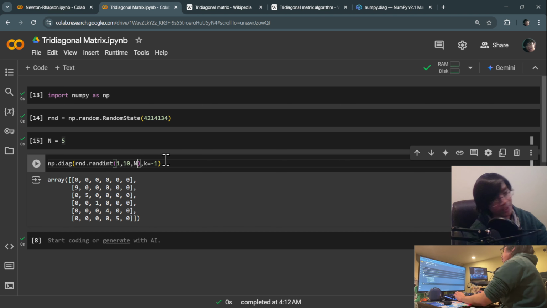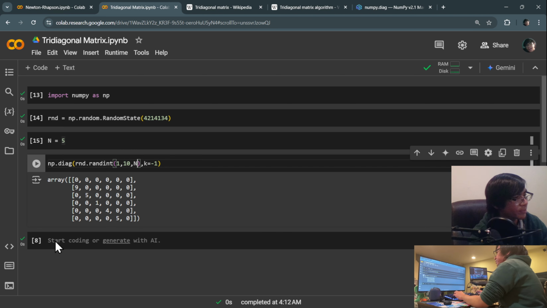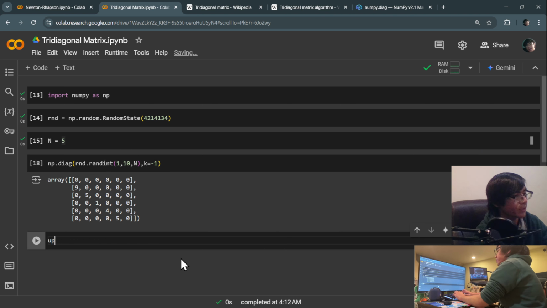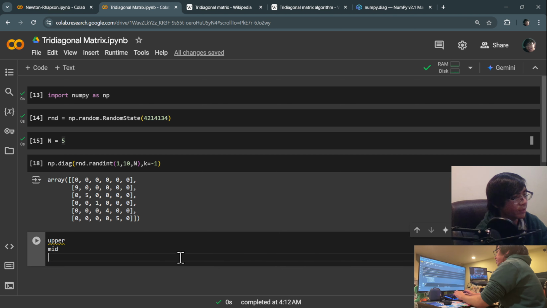So I don't know if it's worth being explicit. Why not? So we have upper, mid, lower, something like that. And we want this to be equal to our random integers. I don't know. The problem is if it will be generated in the same way. So I'll try it this way, but I don't think it'll work.